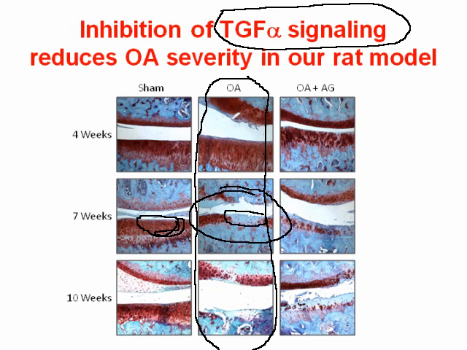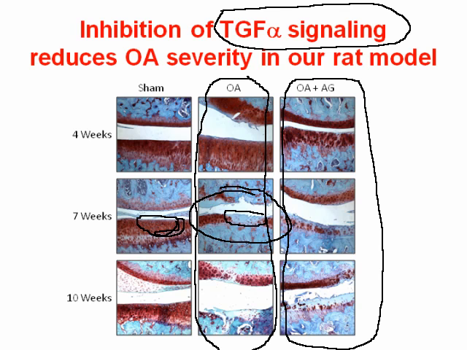If we then go to the very right column, where we induce osteoarthritis and at the same point give them the drug that blocks TGF-alpha signaling, we can see, again, at the 7 weeks, the cartilage does not look completely normal. It does not look as nice as the one in the sham on the very left, but it looks a lot healthier, a lot better than the one that just has osteoarthritis.